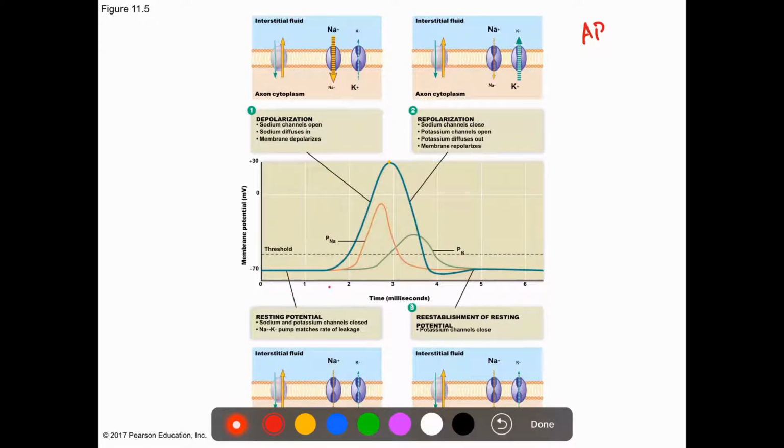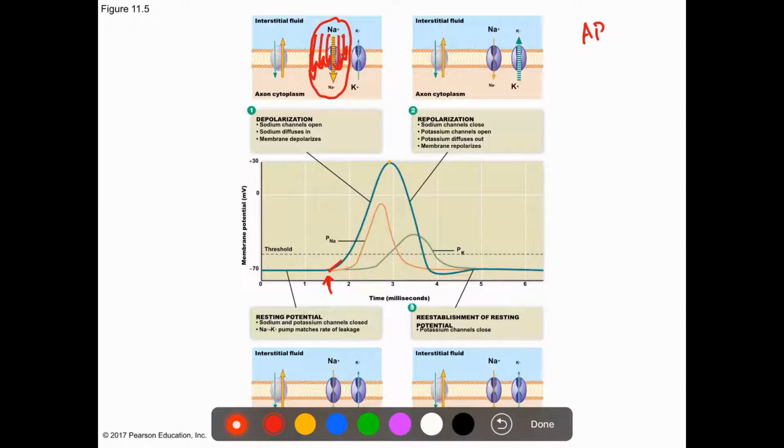Now, when there is a stimulus, this stimulus would cause a change in the resting membrane potential. What it will do is open the sodium gates. So sodium ions overwhelmingly rush inside the neuron.